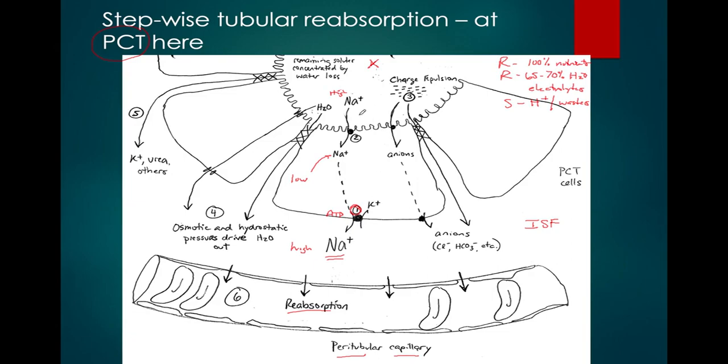Because of that, sodium will then diffuse into the cell across a variety of pathways. ENaC would be one. I've got this dot here that represents a carrier of some sort. That could be a channel, a carrier or channel. It could be a co-transporter or a counter-transporter, in other words, it could be moving something else.